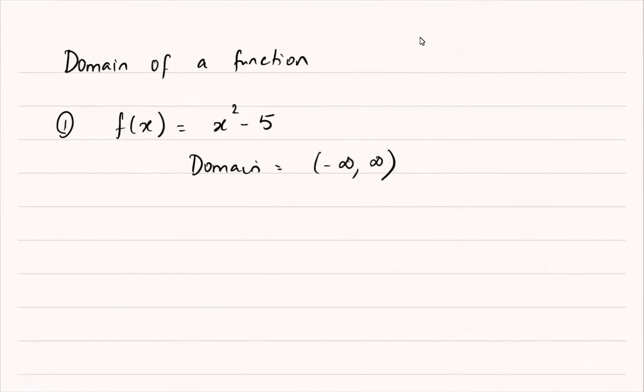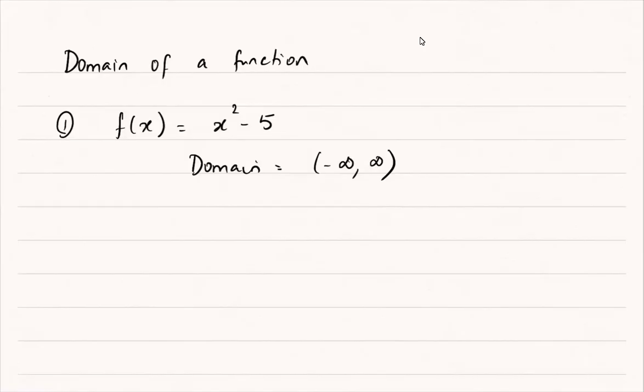Most often, this is the case for domain. Resist any temptation that you have to solve the equation. Do not set x squared minus 5 equal to 0 and solve anything. The question is not asking you to find the zeros of the function. You're not solving for the x-intercept.